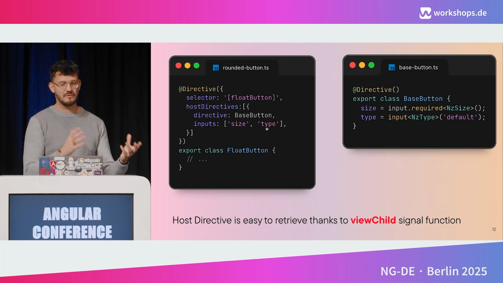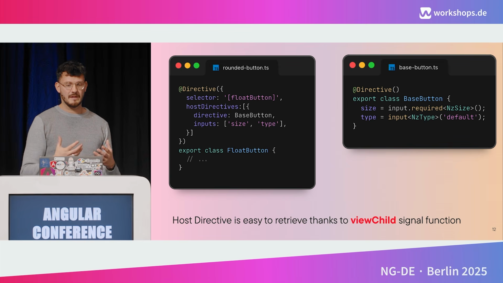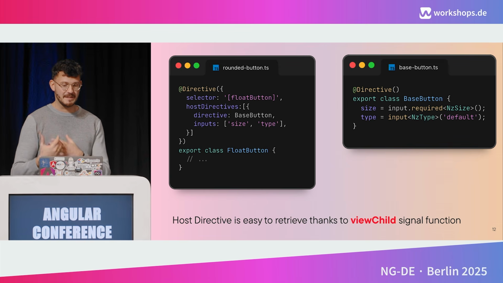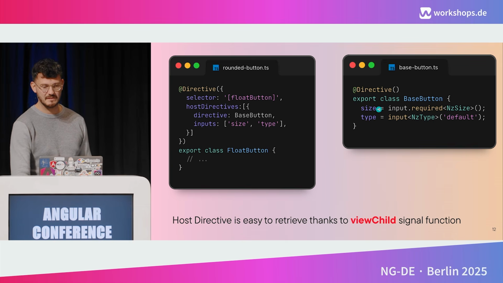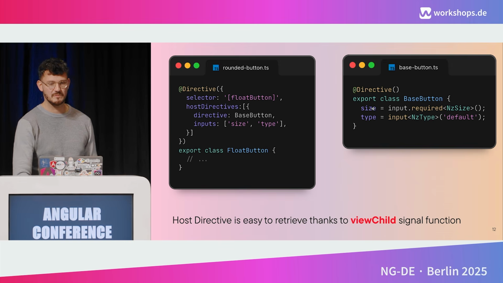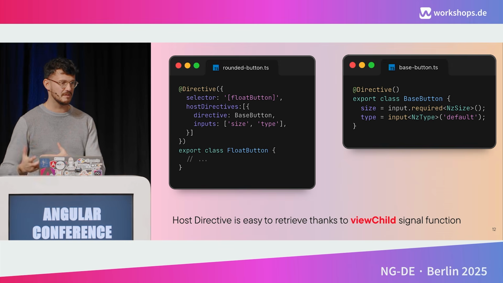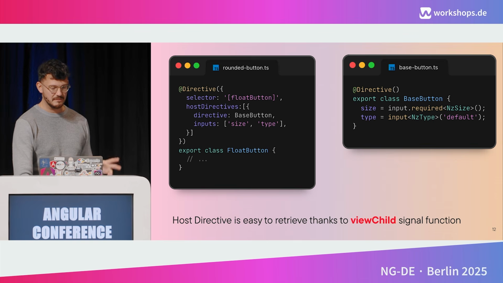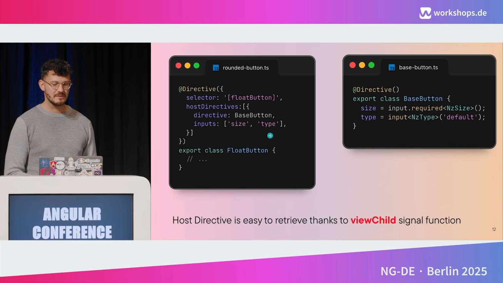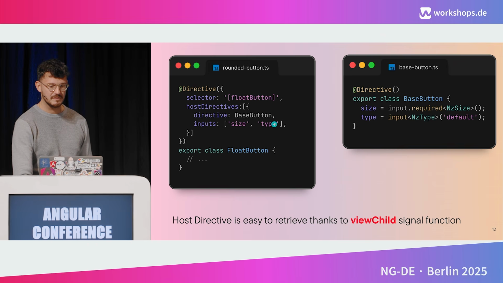So when I use the float button, I can pass to this directive the size and the type inputs, right? And at this moment, the size and the type will also pass to the base button, and the logic could be done on the base button. That's important. But now imagine I don't want to pass the type, so I don't need to declare it here.